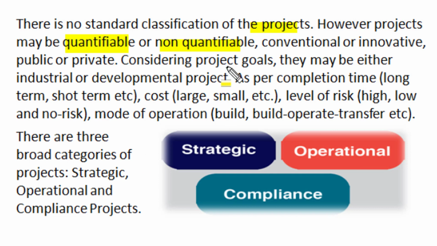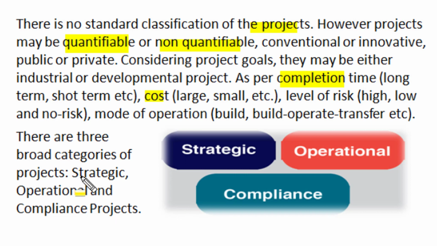As per goals, project may be either commercial industrial project or social development project. We can also classify project as per their completion time, which may be long, short or very short, or as per the cost involved in project, that may be large, medium or small, or the amount of risk, high, low, or there may be no risk, or even mode of operation can be used to classify projects.